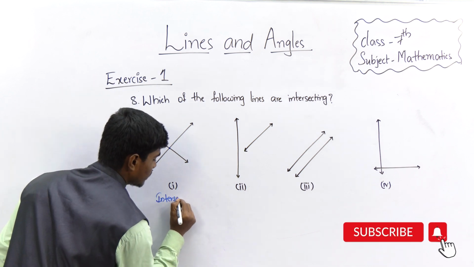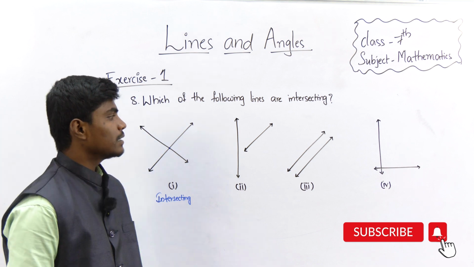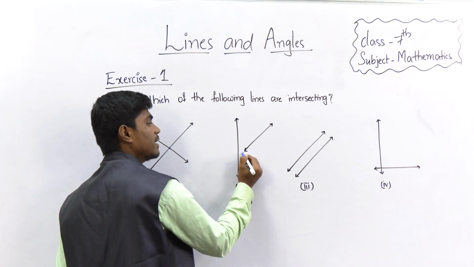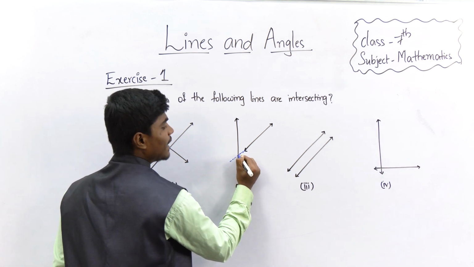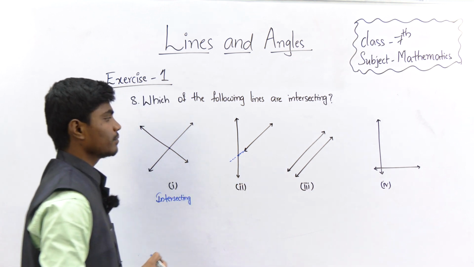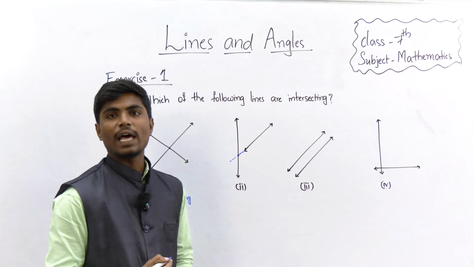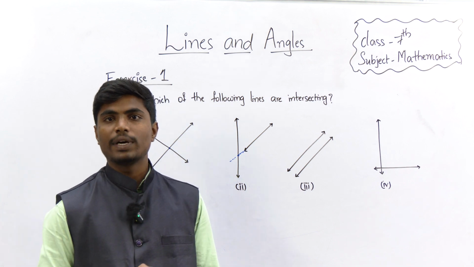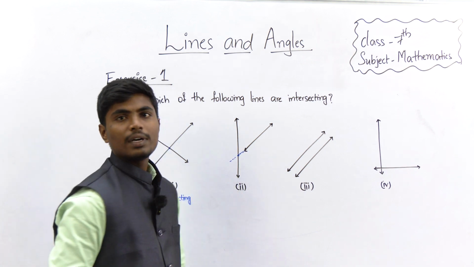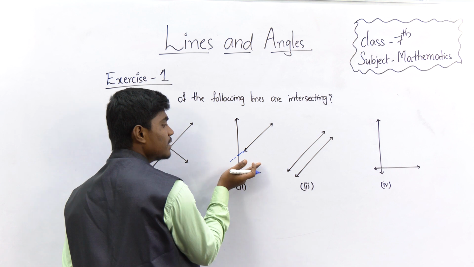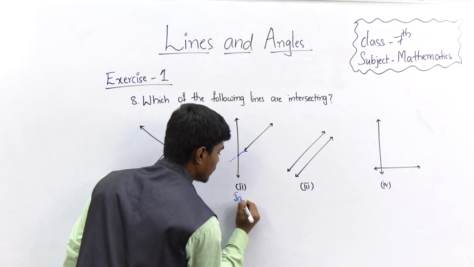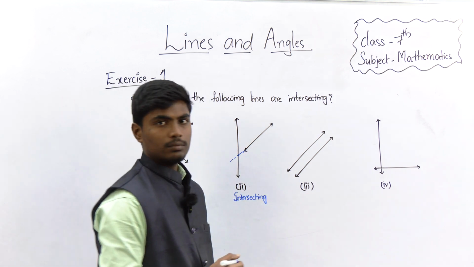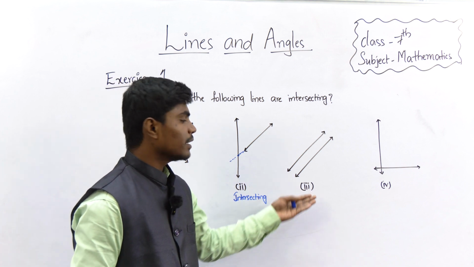So intersecting. Okay, now the second one. If we extend the second line, they intersect at this point. So these two lines have one common point, so these are also intersecting. Next, the third one.